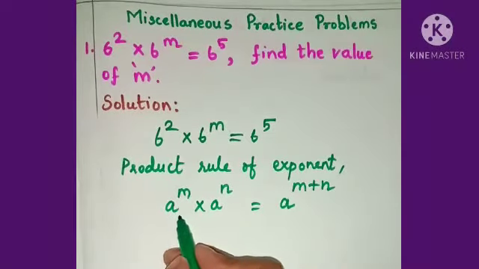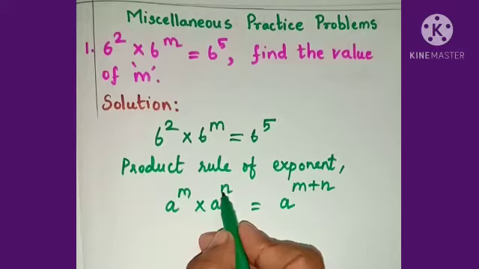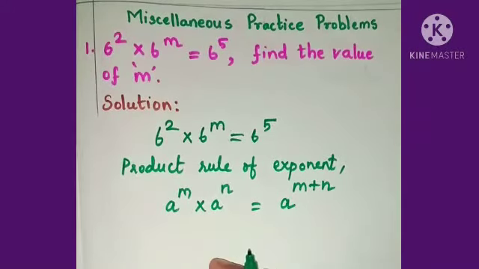So here when the bases are same, we can add the exponents or powers. So here we can use the product rule of exponent.